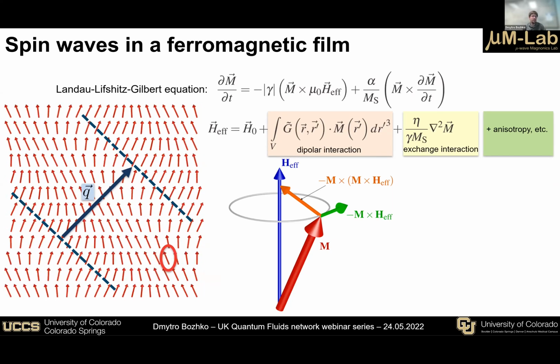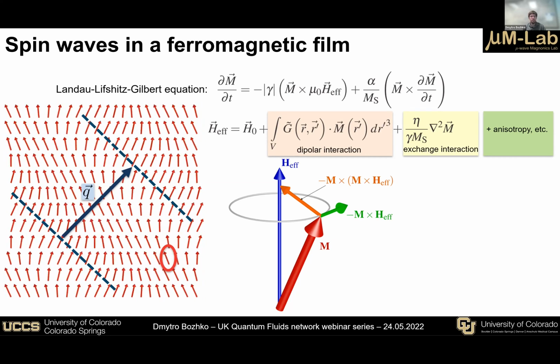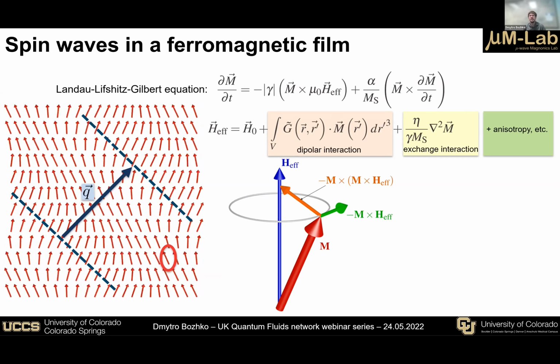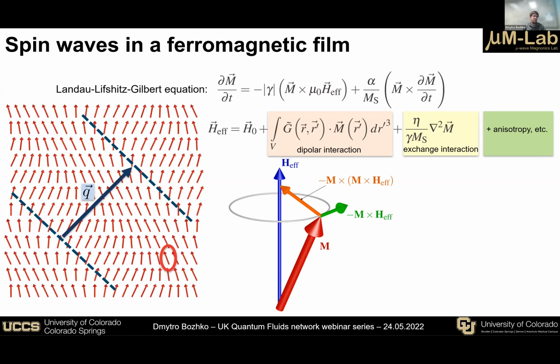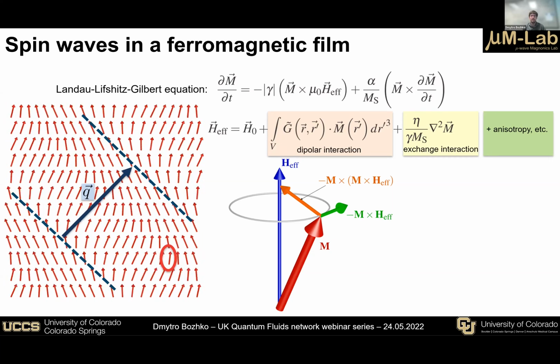Although this equation is well known, its solutions in particular cases are quite simple. In the general case, it's quite a complex equation, which includes different sorts of interactions, including nonlinear ones. It is intrinsically nonlinear.